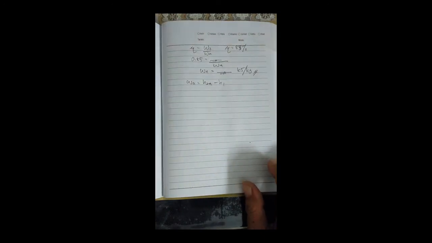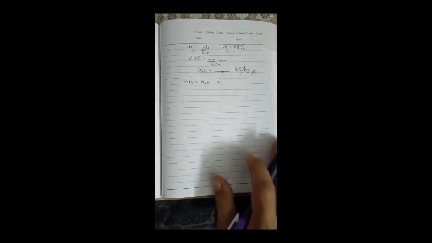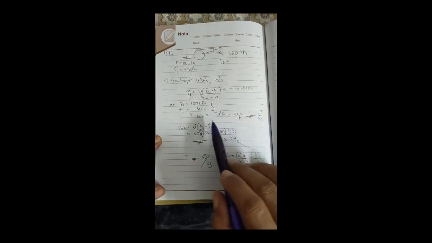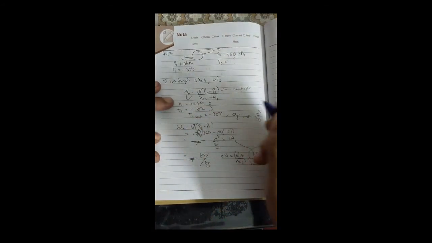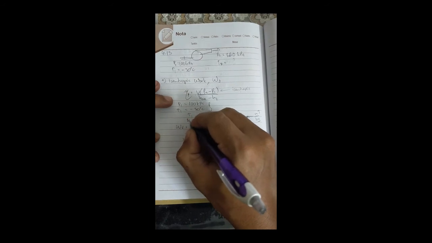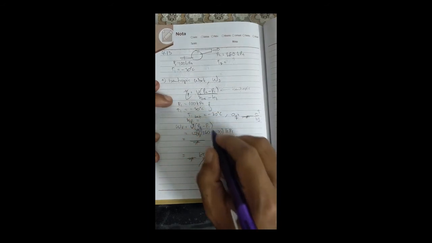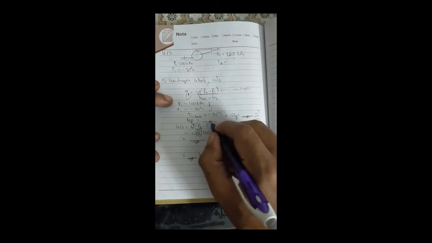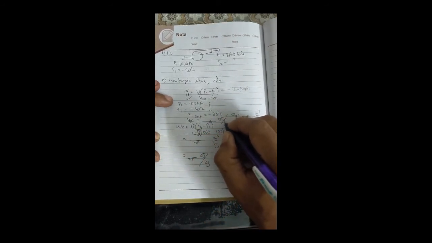Okay, so H1 just like before. So you have to determine also your H1 at F, saturated liquid. Okay, what is the value? Kilojoule per kg.